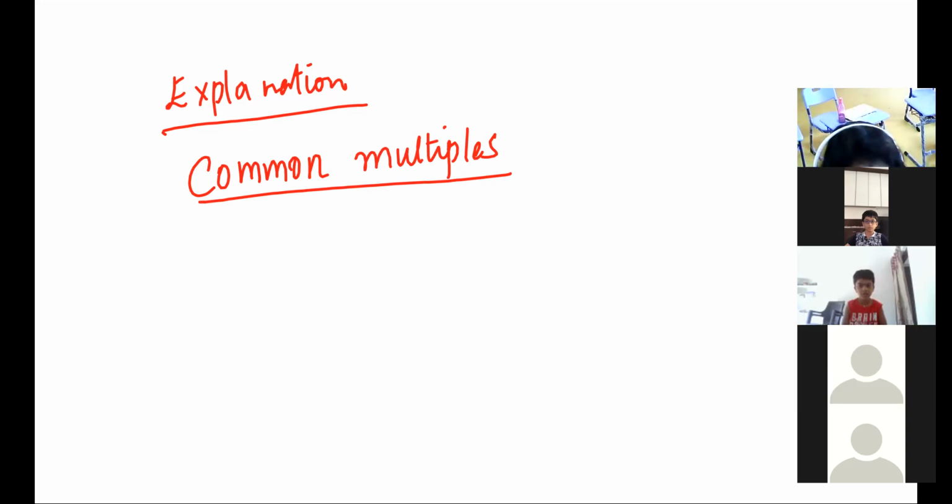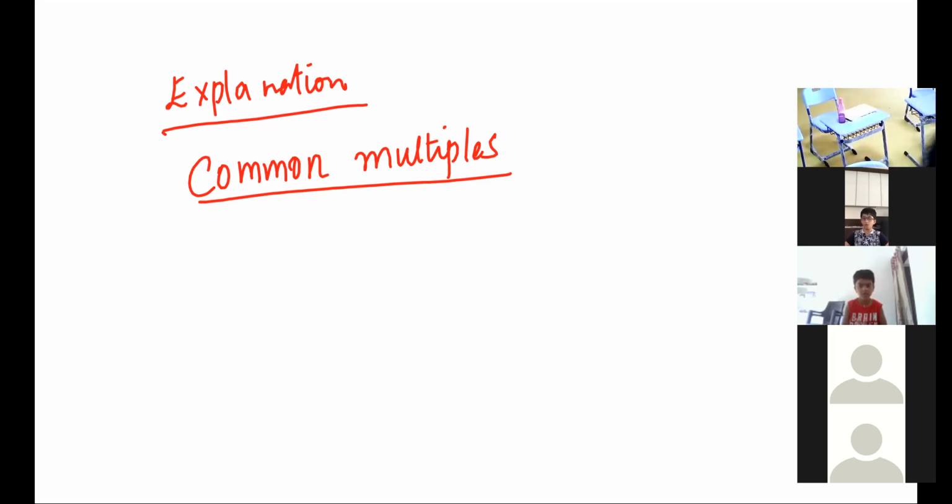Yes, Surya, you are saying something? No, ma'am. Okay, listen. Mute yourself. For one number, it is not possible to find a common multiple. Only we can find the multiples of a given number. But if more than one number is there, we have to find the common multiples.